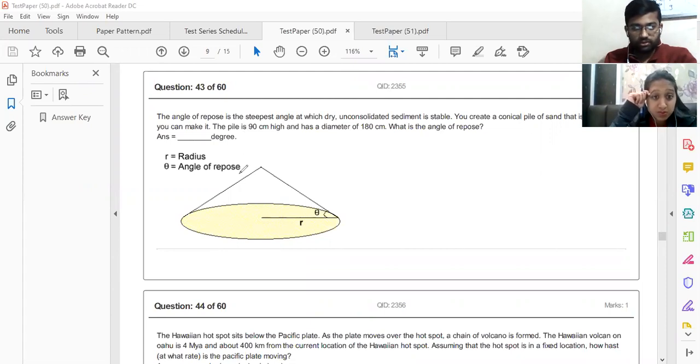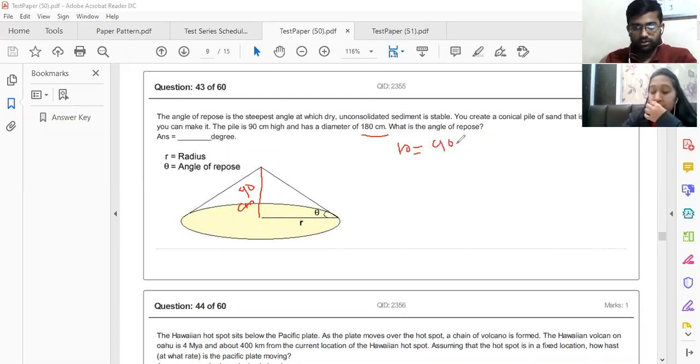So I deliberately gave the diagram. If we join this, this is the height of the conical pile, and it is 90 centimeters high. So you have this height, 90 centimeters. Then the diameter is 180 centimeters. Diameter is 180 means radius is 90, half of the diameter.